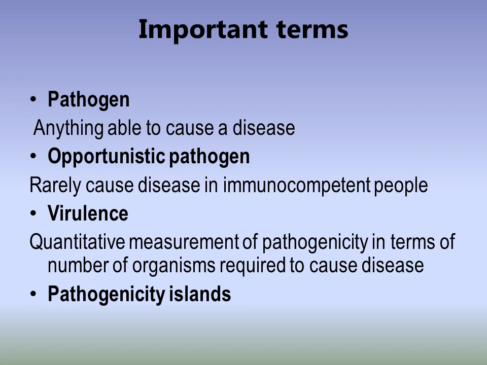What is virulence? Quantitative measurement of pathogenicity in terms of the number of organisms required to cause a disease is called virulence. Pathogenicity islands are the regions in the chromosomes where the genes responsible for the formation of virulence factors are present. Those regions are called pathogenicity islands.